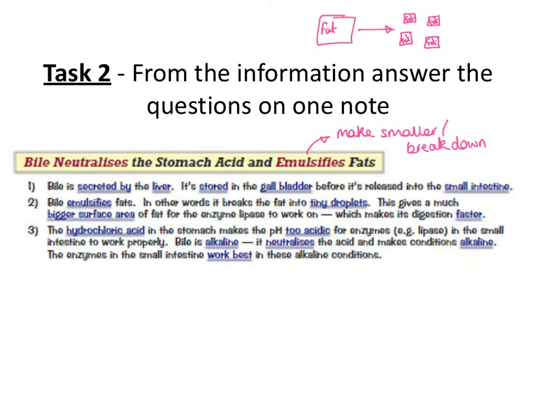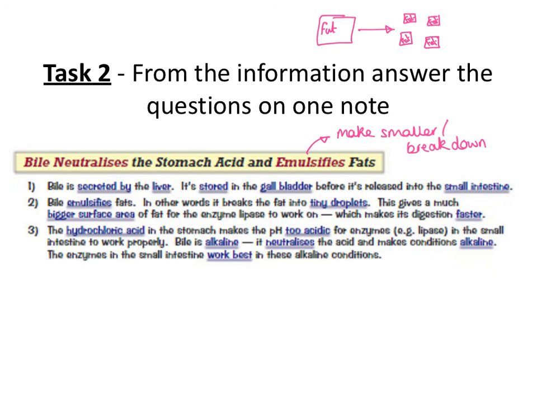Bile is produced by the liver. It's stored in the gallbladder before it's released into the small intestine. Bile emulsifies fats. In other words, it breaks the fat into tiny droplets, which I've just explained. This gives a much bigger surface area of fat for the enzyme lipase to work on, which makes digestion faster. The hydrochloric acid in the stomach makes the pH too acidic for enzymes in the small intestine to work properly.